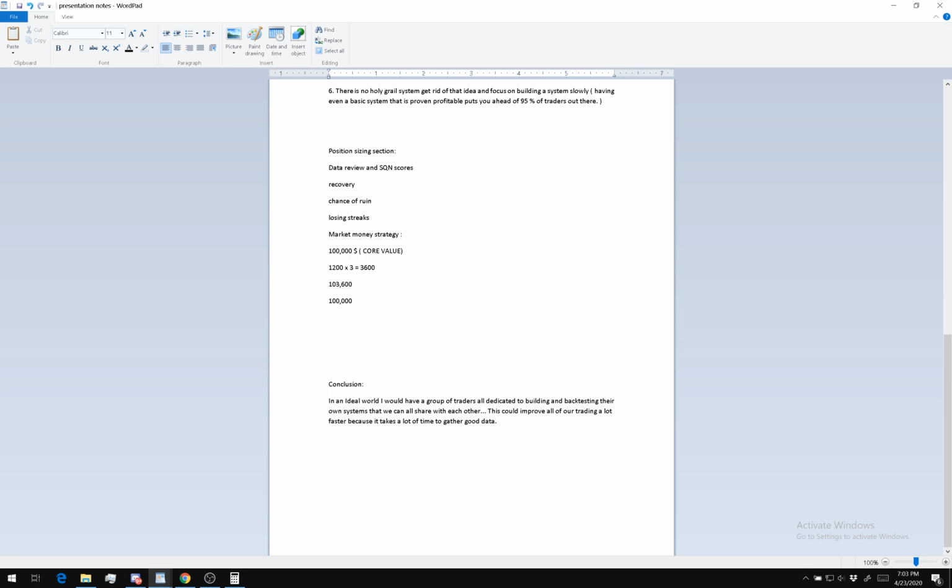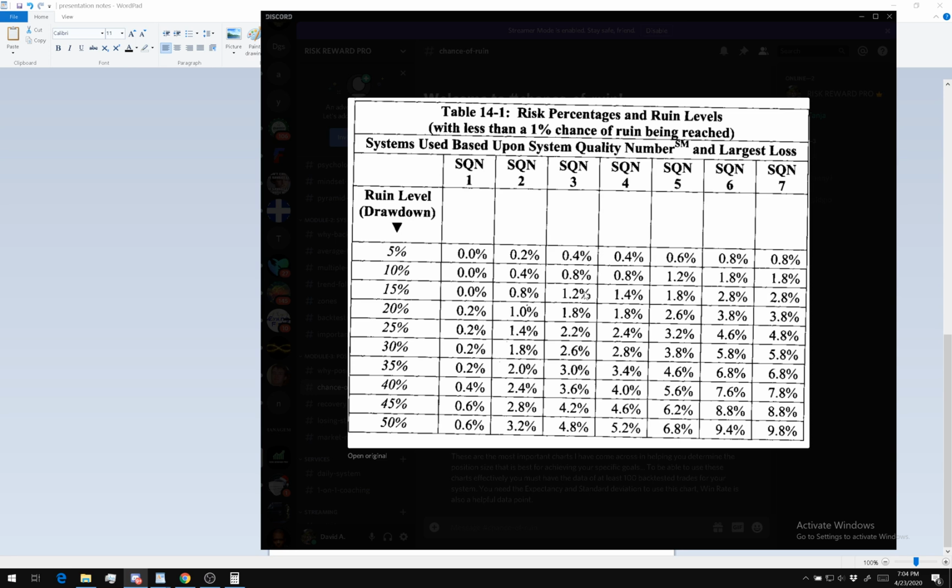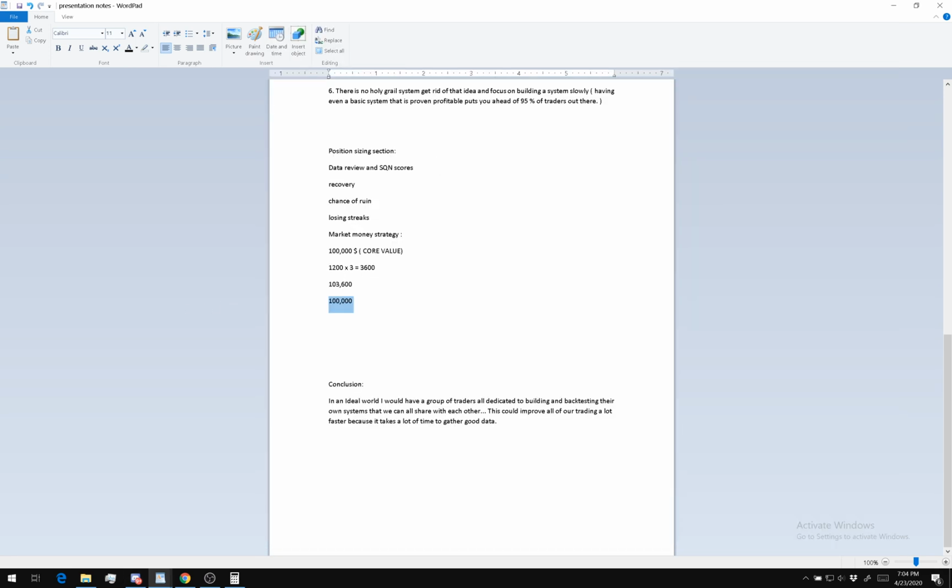This is our core account, which we cannot stomach losing $15,000 or more on. So in order to protect our core value, we will never risk more than 1.2% of our core value. But we can risk more of our profits.